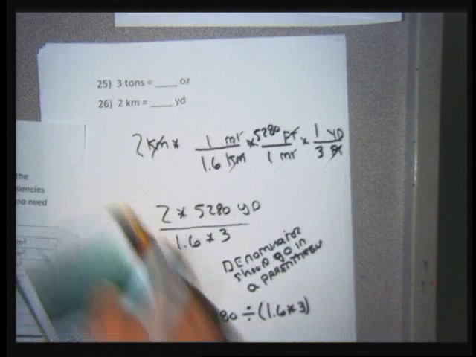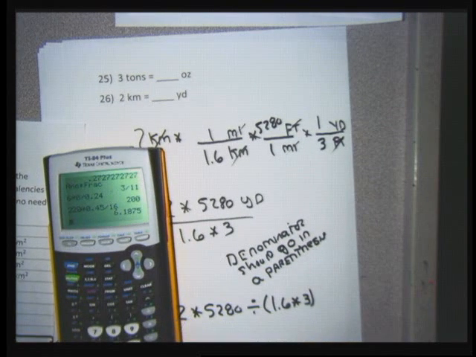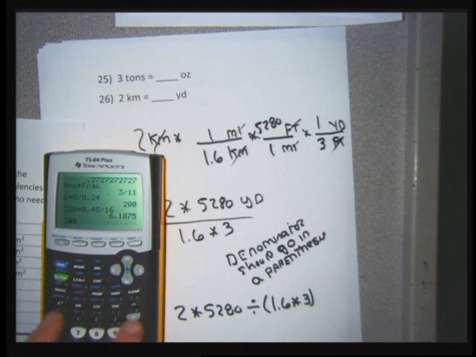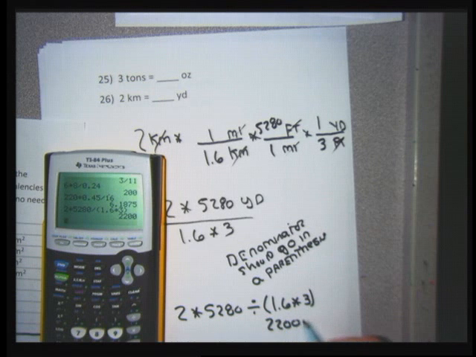And so this is going to be 2 times 5280 divided by parentheses 1.6 times 3. That's going to give me 2,200 yards for the answer to number 26.